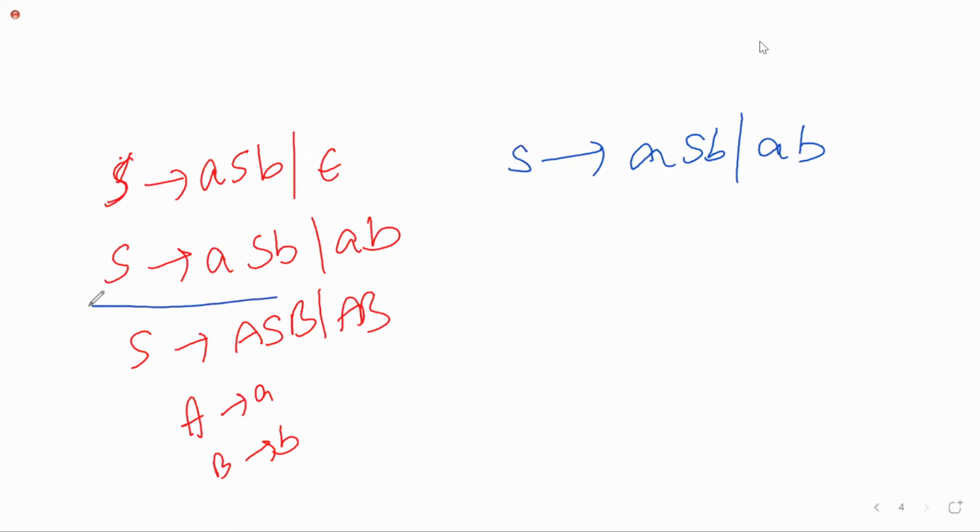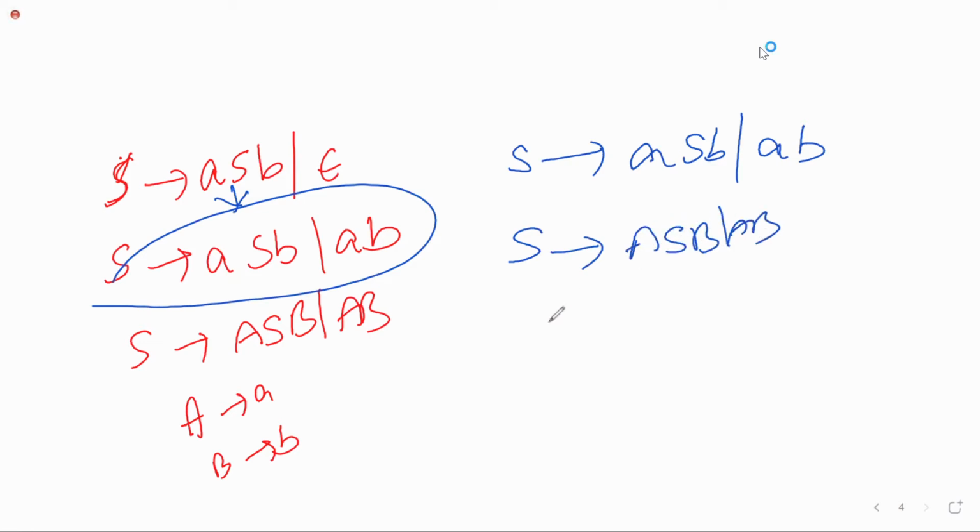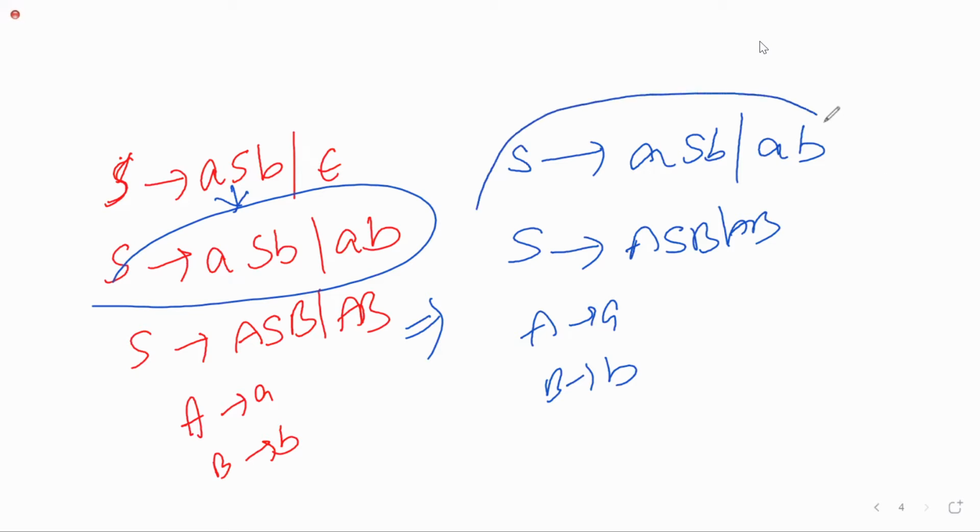So this is what we got. I have replaced this with the production ASB or AB. Next, the remaining productions are simply A to a, B to b. Now, from this grammar, we have obtained this. Do you have any epsilon productions in the resultant grammar?